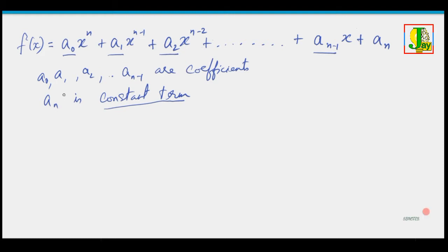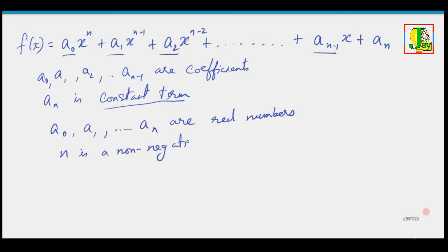Now here these are all real numbers. Okay, and n is a non-negative integer.